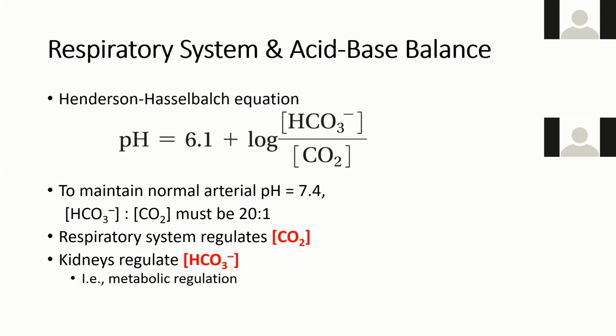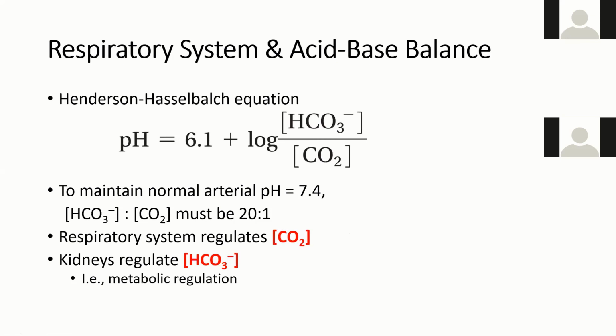So this basically means that if we increase CO2, we're going to end up with a more acidic pH, or if we decrease CO2, we're going to end up with more alkaline pH. So we want to maintain our normal arterial pH at 7.4. And in order to do that, we have to have this very specific ratio to make this equation come out to equal 7.4. And that relationship is 20 bicarbonate to 1 molecule of CO2.